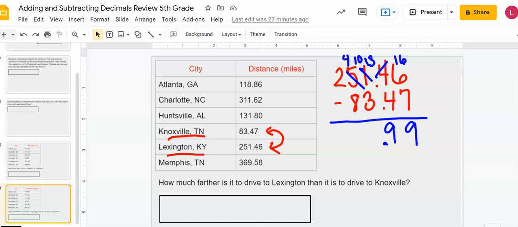Now I have 10 ones, so 10 minus 3 is 7, and I need some more tens, so I'm going to rename these hundreds. So now I have 14 tens.